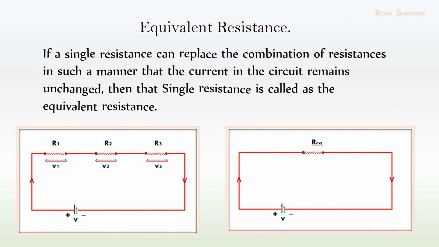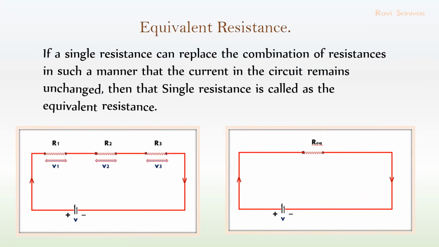If a single resistance can replace the combination of resistances in such a manner that current in the circuit remains unchanged, then the single resistance is called as equivalent resistance.